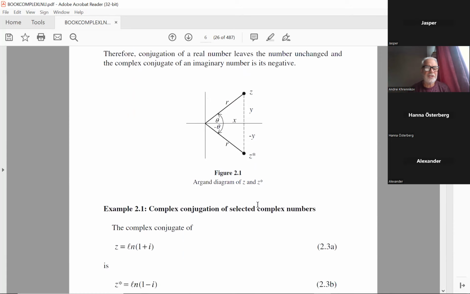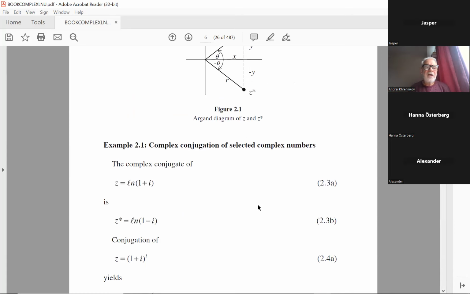So this is conjugation. Now, I think this book is in some places not so well written from a pedagogical viewpoint, because they start with examples 1, 2, and they consider a very complex function, the logarithm of a complex number. It is a special story, and we will be back to this, and now we just ignore this example.